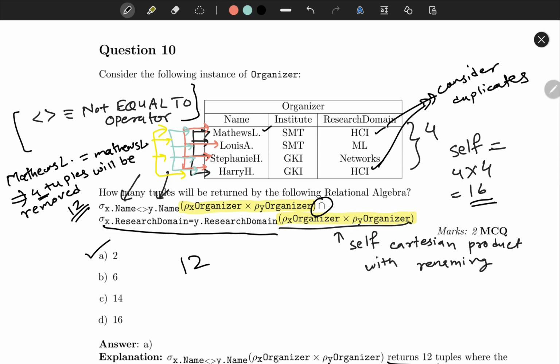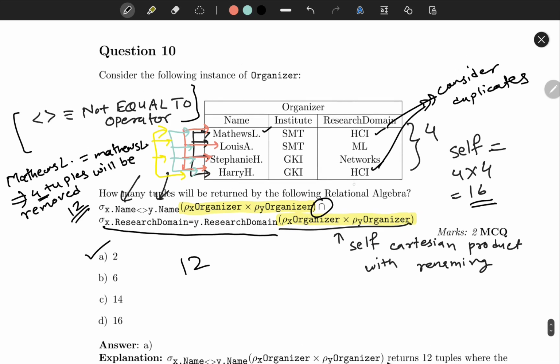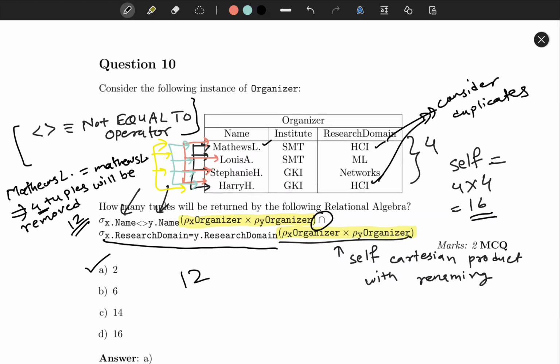In the second selection, we have to select the rows where x dot research domain equals y dot research domain, and research domains are not unique. Hence, mind that they consider the duplicates. Each tuple will contain at least 3 entries associated with it, but they will also contain the extra entry.